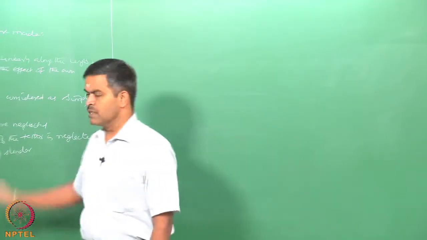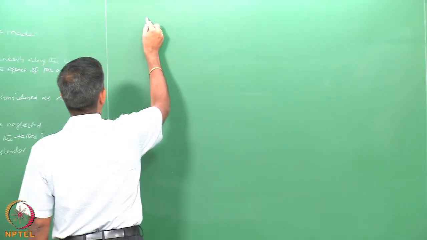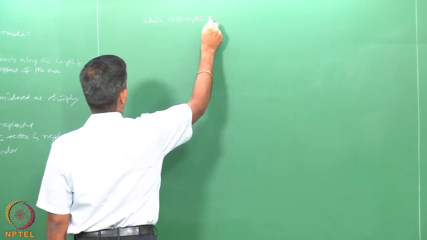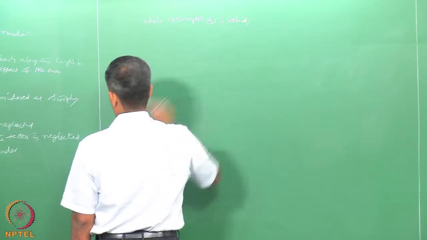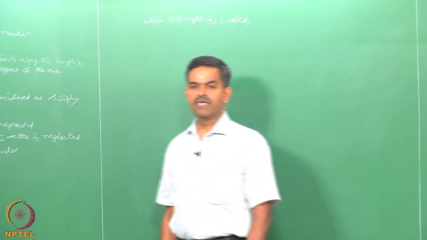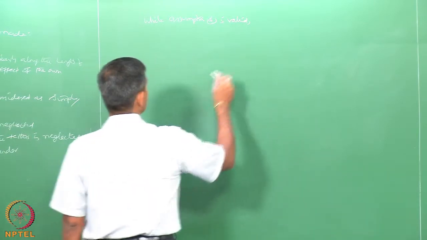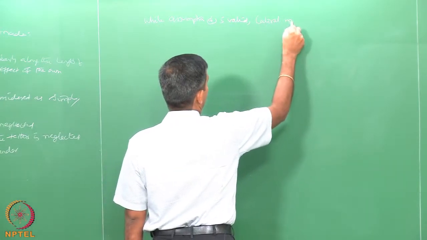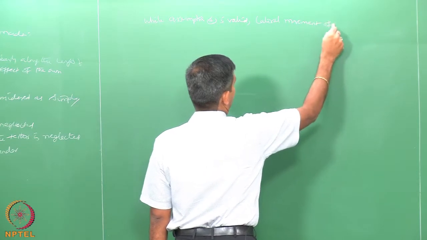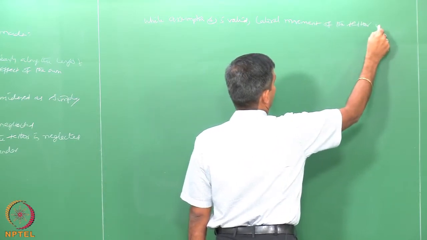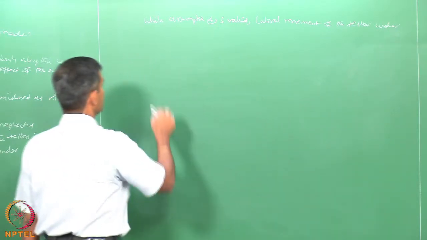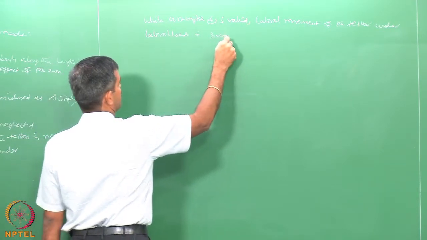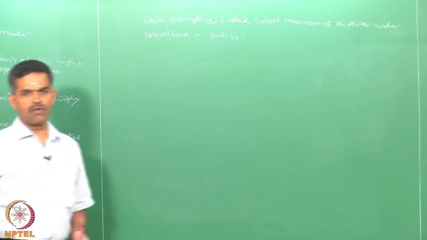So, under the following assumptions, let us say while assumption 4 is valid, that is flexural rigidity is neglected, the lateral moment of the tether under lateral loads is given by the following governing equation.